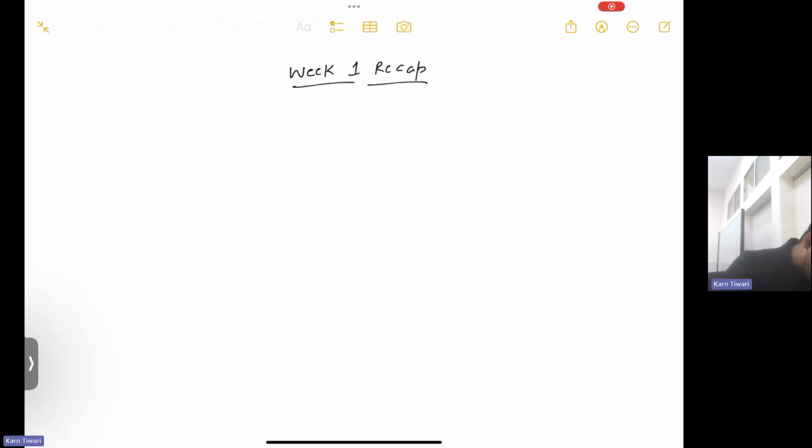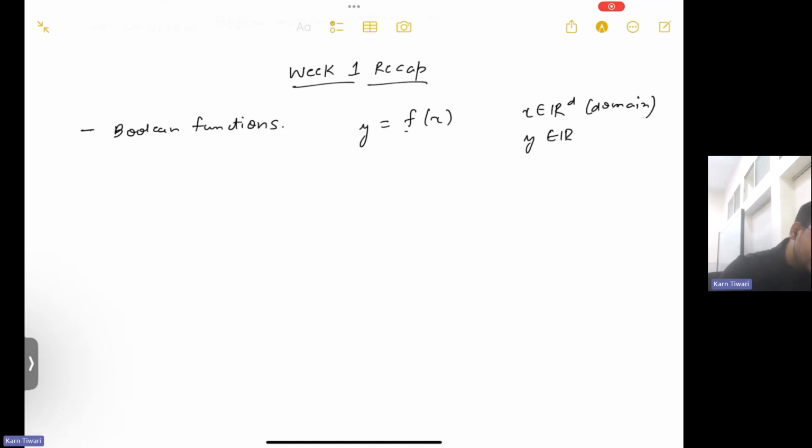In week one, we were talking about Boolean functions. So what are Boolean functions? Any function we know is of the normal type: a function f whose domain variable is x and whose range is y, where x is my domain and y is my range.